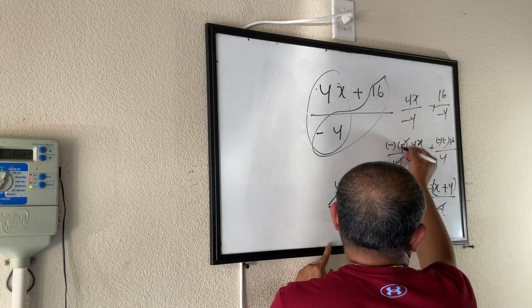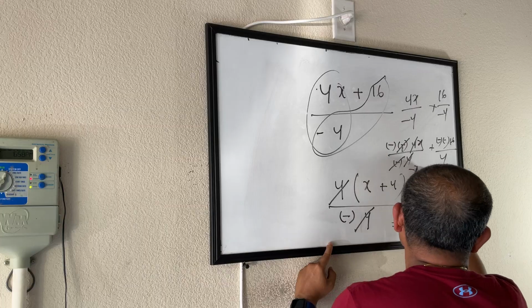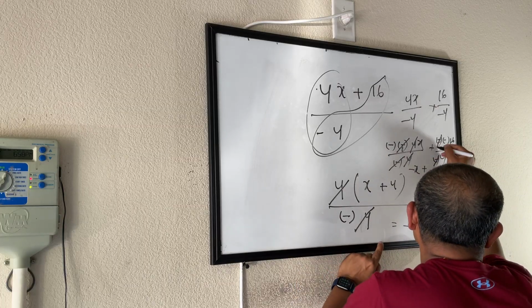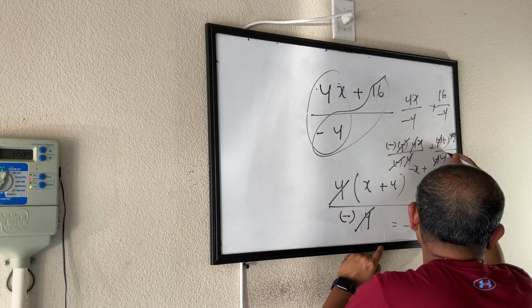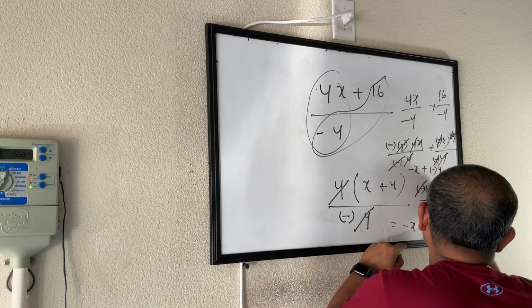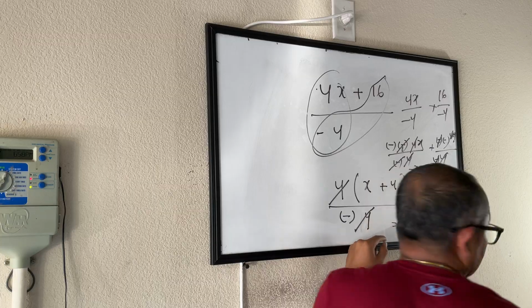So tic-tac-toe, this 4 and this 4, you have minus x above, plus, there was a minus here. So this minus and this minus gone. And 16 you can write as 4 into 4, and you can continue playing tic-tac-toe. What you have is minus into 4. So minus into plus becomes minus.